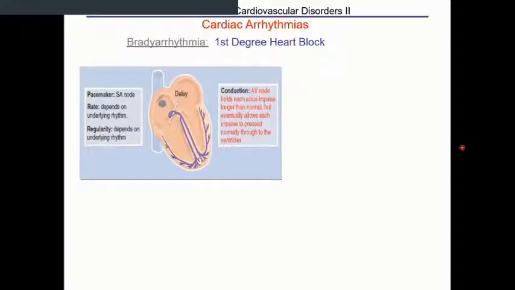So this is your first degree heart block. The SA node still is the pacemaker. The heart rate will depend on the underlying rhythm, and the regularity will also depend on the underlying rhythm. In terms of conduction, there is a delay. The AV node holds each sinus impulse longer than normal, but eventually allows each impulse to proceed normally through to the ventricles.